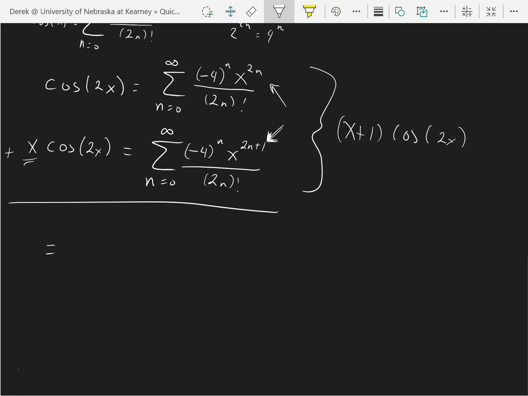I've got, well, the first even term is going to come from the top one. So when n equals 0 there, I get a 1.